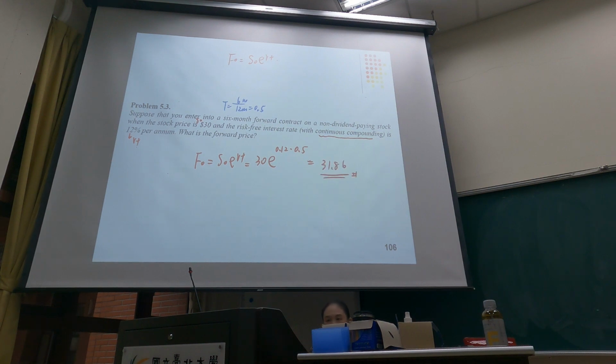Up to now we haven't done any exercise related to how we adjust for storage or the dividend, but you really have to bear in mind that's the fundamental. Okay, so that's the answer.